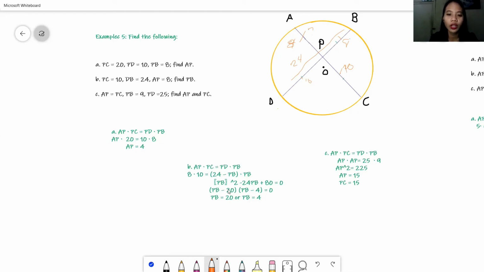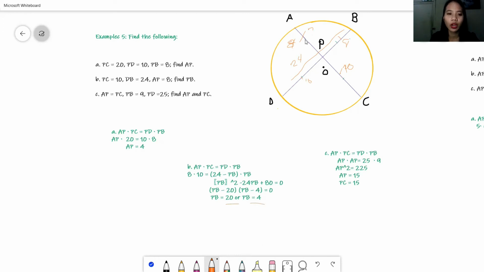Let us factor: PB minus 20 times PB minus 4 is equal to 0. After this, let us equate each factor to 0. So PB is equal to 20 and PB is equal to 4. So we already have the two values of our PB, which are 20 and 4.